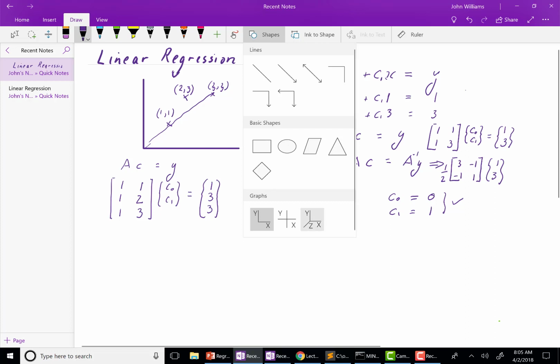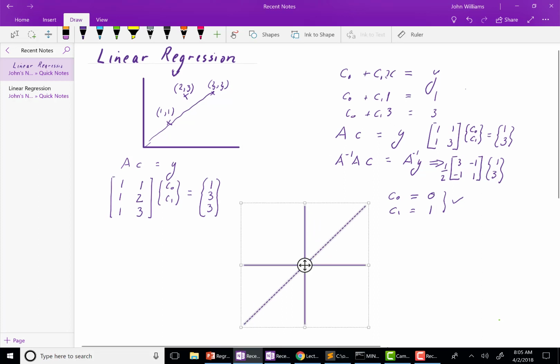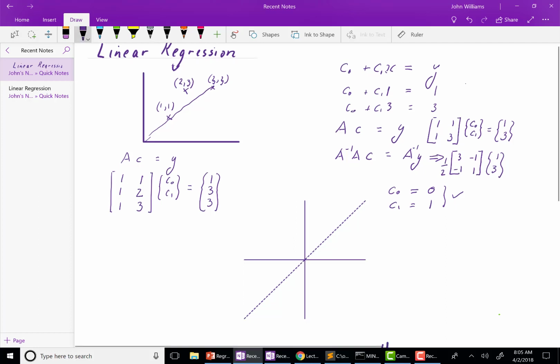So let's draw here some axes. Okay. And from our linear algebra, we know that these column vectors determine the solution.